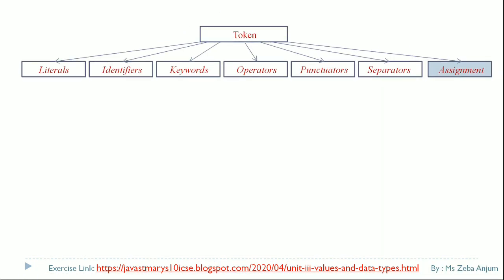Now the last one, assignment operator. Basically it is a kind of operator. It means we are assigning some value to a variable. That is what is meant by assignment operator. So see, assignment refers to storing a value in a variable of appropriate data type. It means if you are having an integer variable, let us say the name of your variable is a, so our declaration becomes int a.